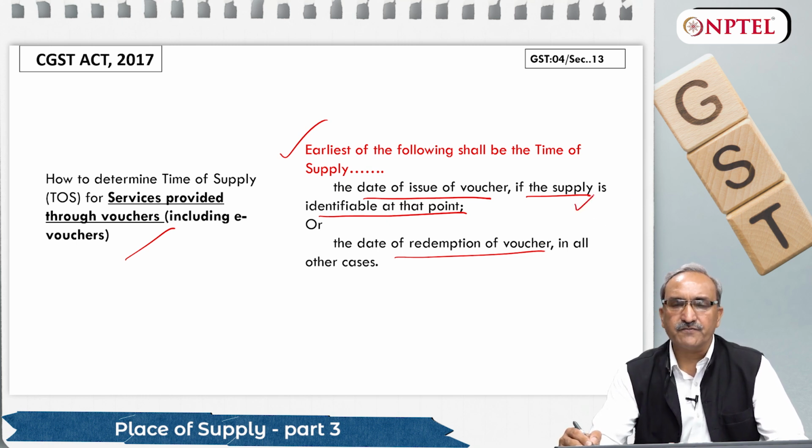Here supply is identifiable, so date of issue of voucher is the point of supply, and you have to pay tax. But if it is not, then when the voucher is redeemed by the consumer, point of taxation will arise and point of supply of services will arise, and you are supposed to pay tax accordingly.